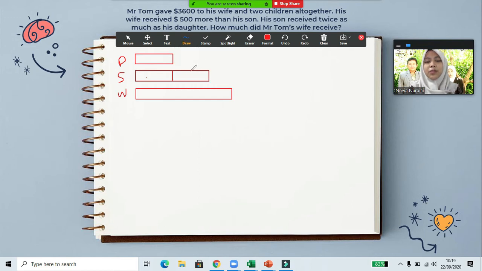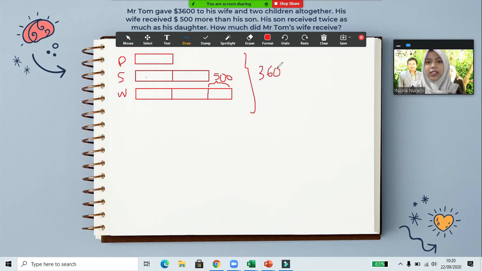And from this picture we see that the son gets 500 less than his wife. So now from this picture we see it like this. Okay, and then the total is 360.